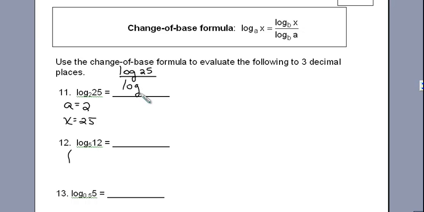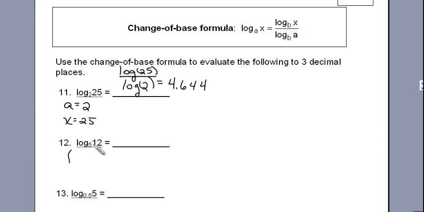Now you need to make sure you can punch this in your calculator and get it. You'll have to close some parentheses here in your calculator, and your answer should come out to be 4.644. You need to try that, and if you can't get it, then you need to come in and see me so I can show you how to get to that answer.